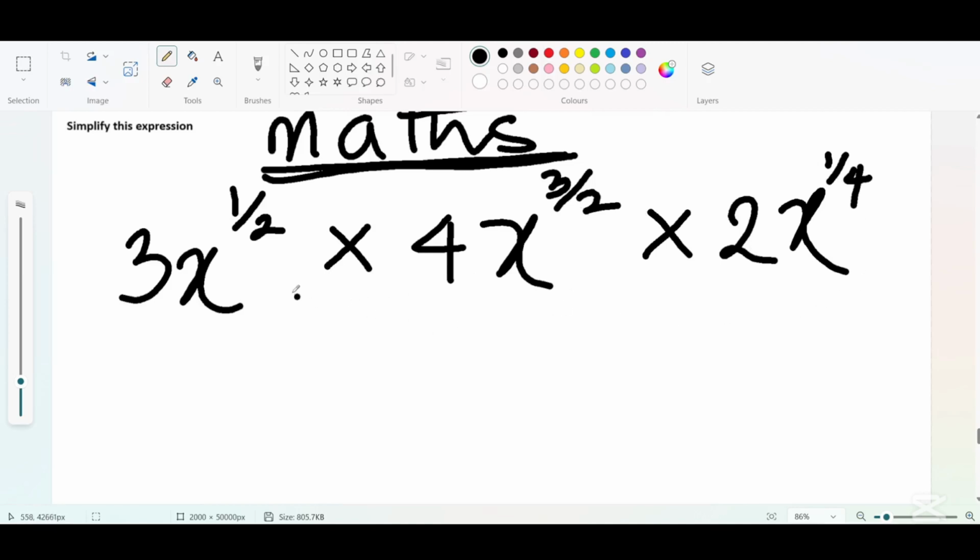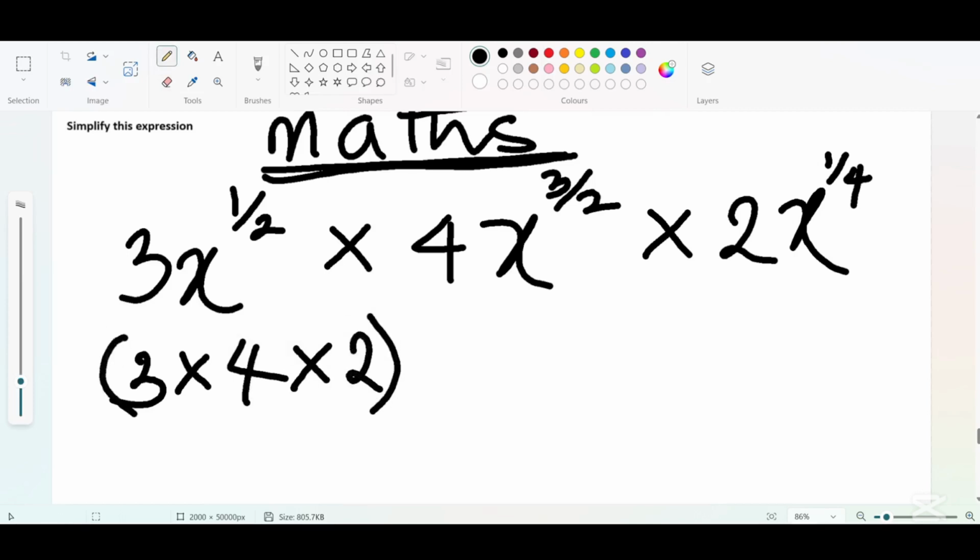So it's simple. What we are going to do, just as we explained earlier, is multiply the coefficients, while for the powers, since they are multiplying, we add the powers. So it's going to be 3 times 2, 3 times 4, then times 2.